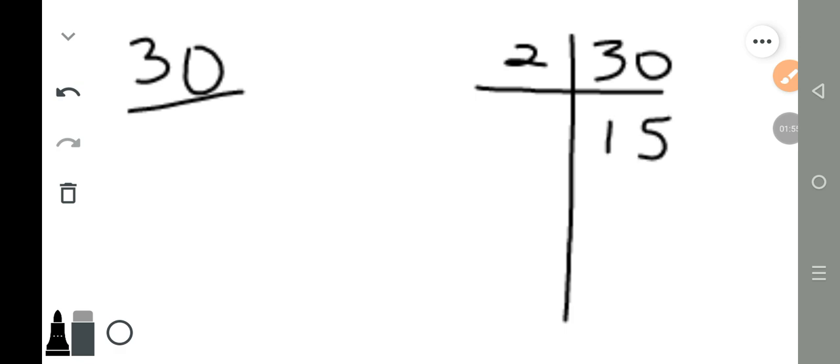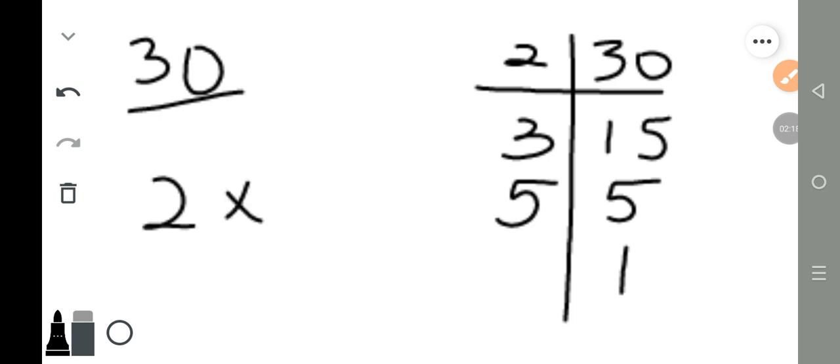What's the smallest prime number that can divide 15? 3, yes. So 15 divided by 3 is 5. And 5 divided by 5 is 1, because 5 can only be divided by itself. So the prime factors of 30 are 2 times 3 times 5.